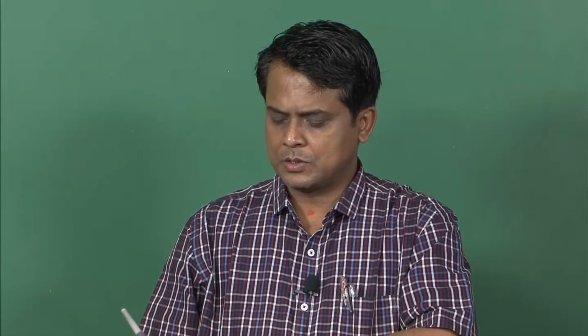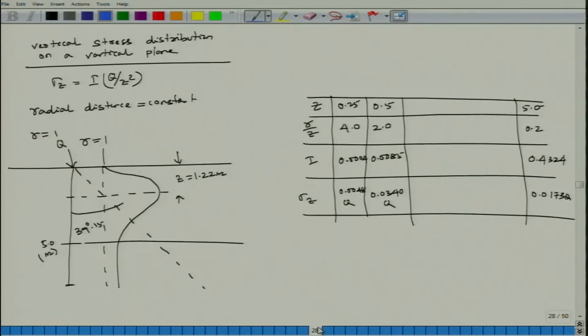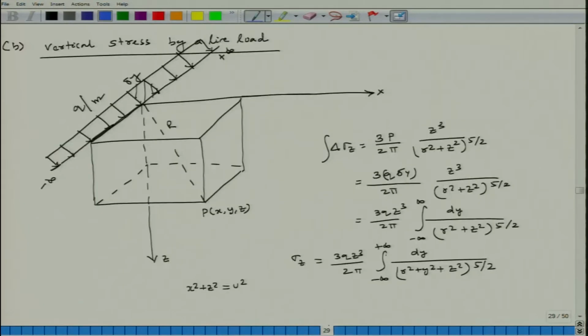So, last class I covered vertical stress distribution on a horizontal plane as well as vertical stress distribution on a vertical plane. Then, considering a point load, it was extended to find the vertical stress by a line load.